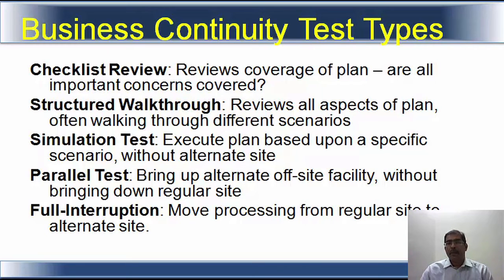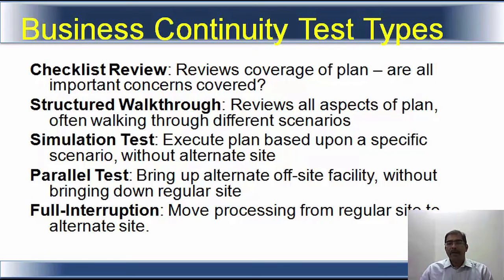So, if a plan is made, what happens if X incident happens? What happens if Y happens? So, a structured walkthrough is conducted. The third is a simulation test. That is, execute the plan based on a specific scenario without the alternate site. So, you actually simulate the test and execute or invoke the plan and see what the results are.